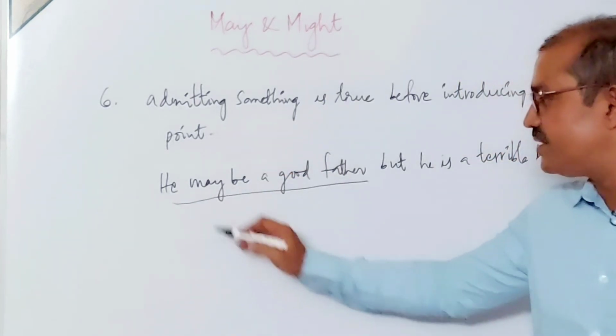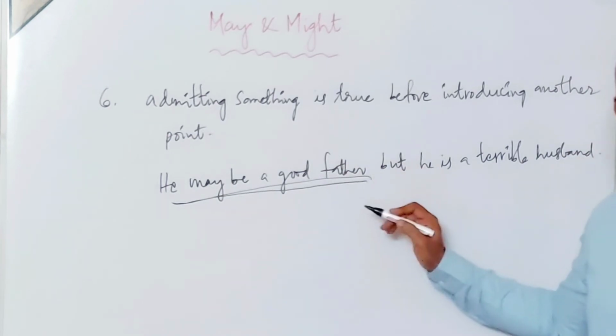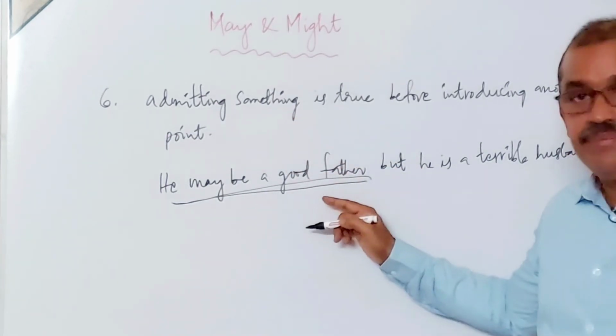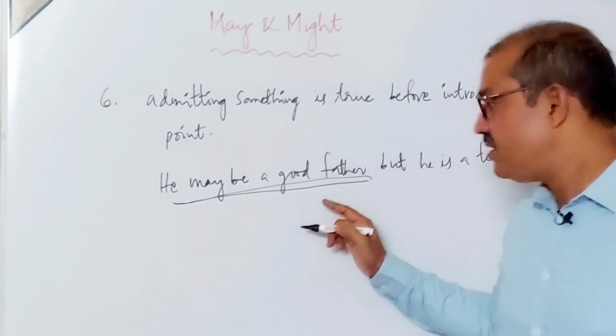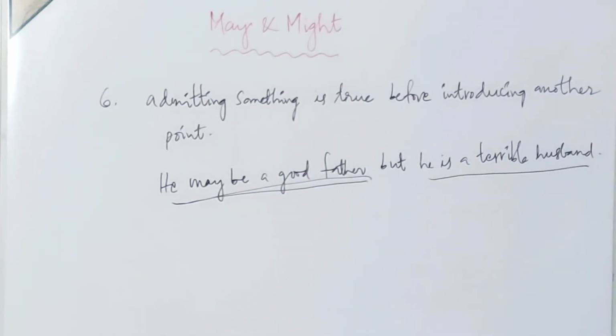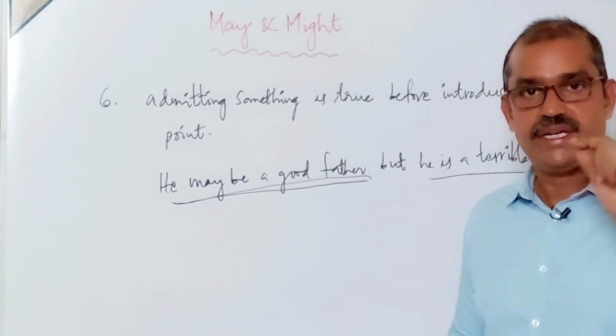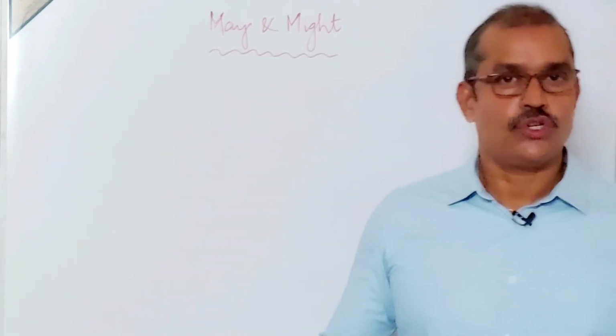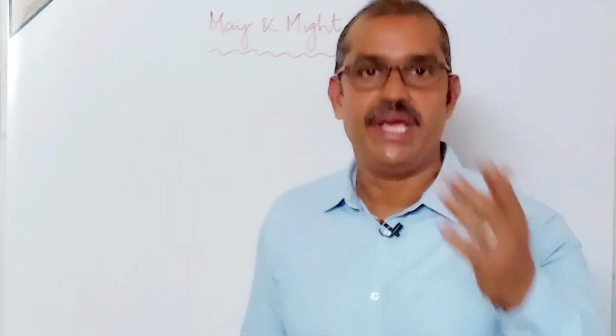Here, look at this. He may be a good father. That means here you admit that he is a good father. But at the same time, there is a different argument. What is that? He is a terrible husband. Right? Friends, now we see the difference between may and might.